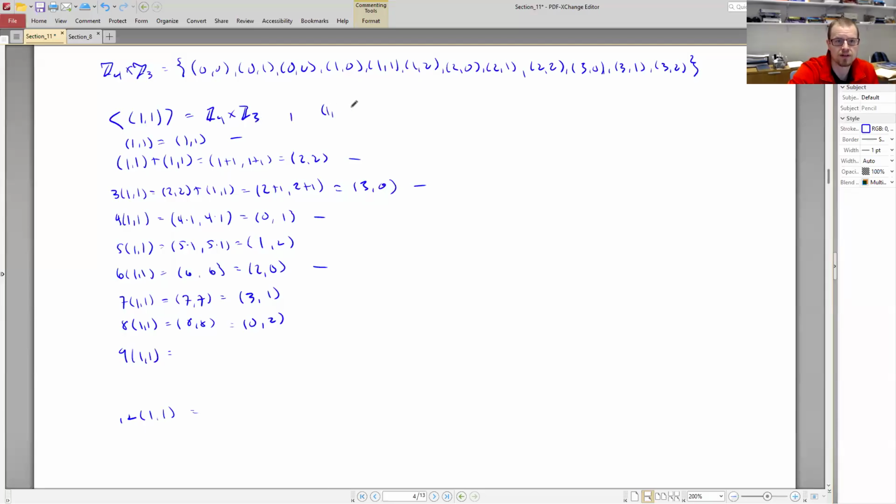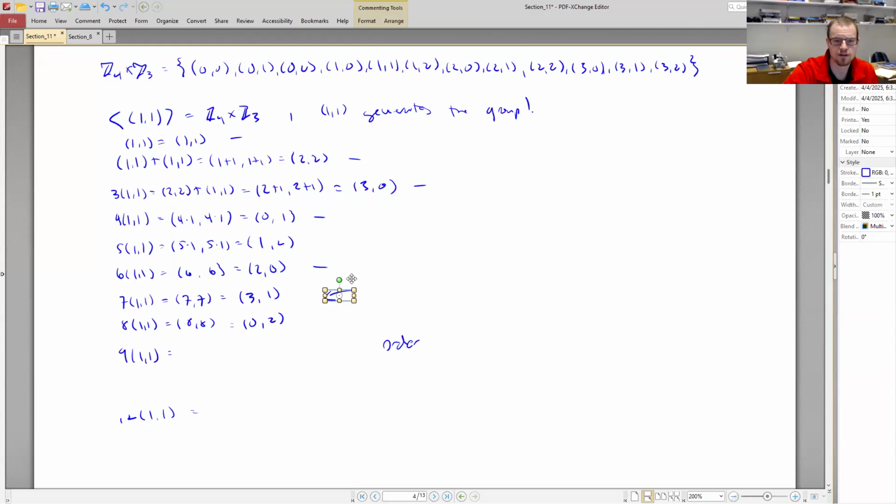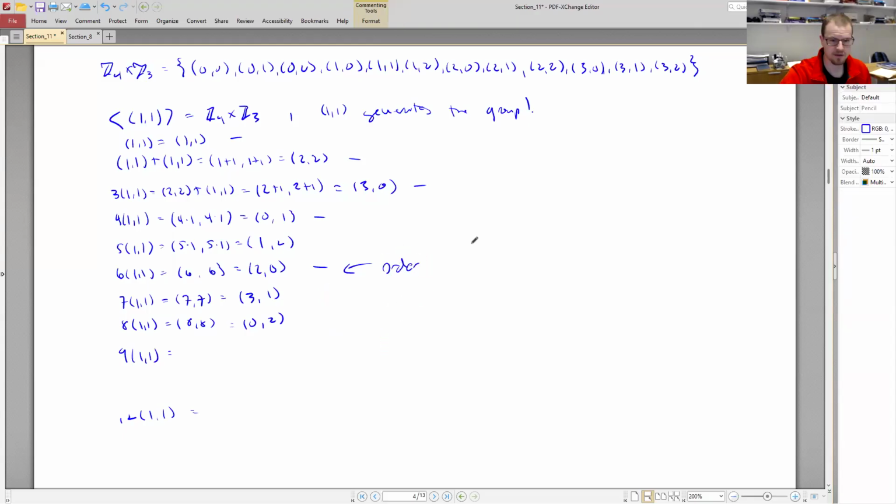So 1, 1 generates the group. Yay! So once I get to here, actually, before I even get there, once I get here, the order of 1, 1 must be greater than 6, but must also divide 12, the order of the group.